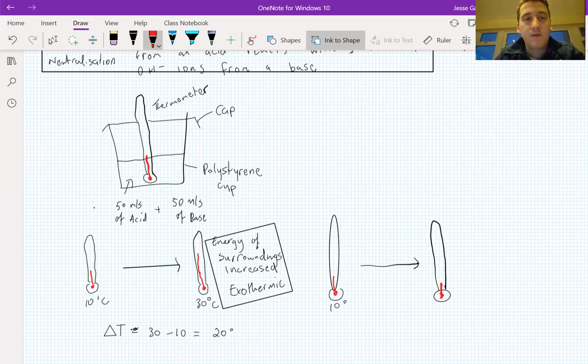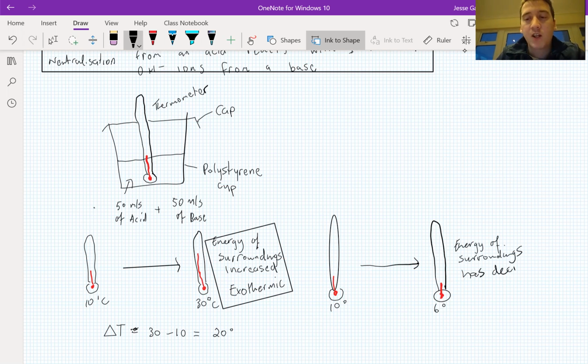So it's less now. So it's now only, say, 6 degrees. Well, what's happened to the energy of the surroundings? The energy of the surroundings has decreased as temperature has gone down.